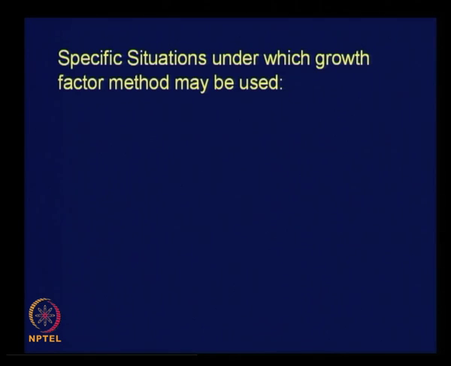Let us say on a typical day that you consider for your study, a certain percentage of trips have emanated from outside your study area and ended up in different traffic zones inside your study area.